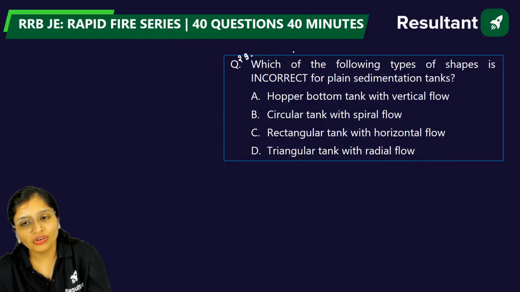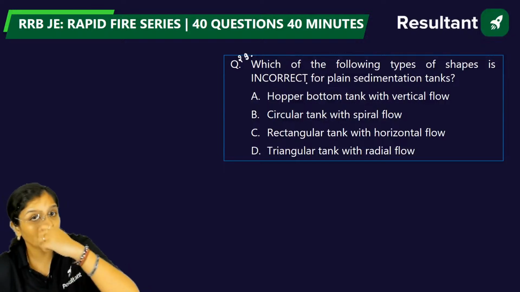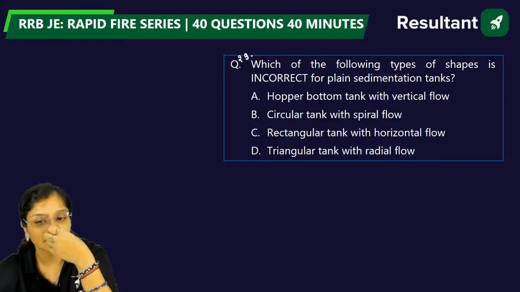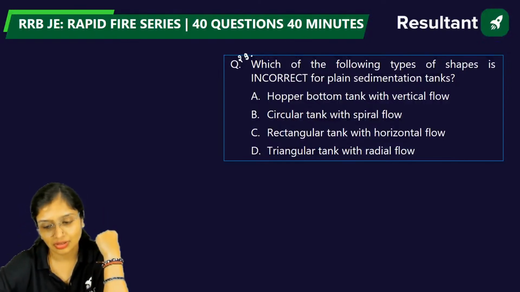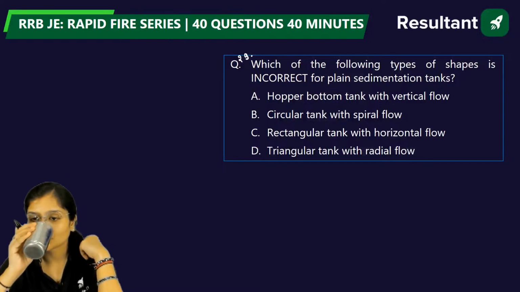Okay. Now, question number 29. Which of the following types of shape is incorrect for a plain sedimentation tank? That means you will not find this shape in the case of a plain sedimentation tank. Which is the one, guys? Quickly tell me.